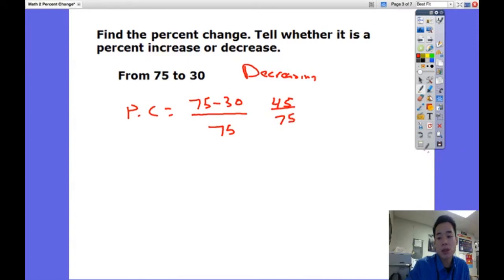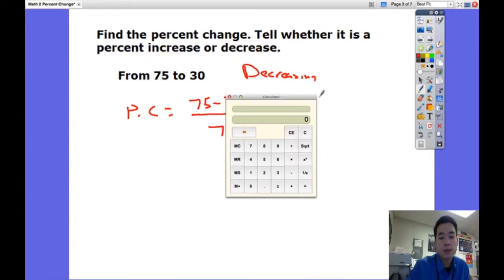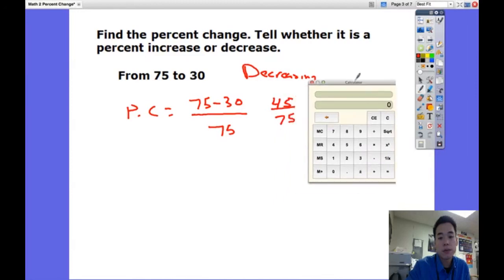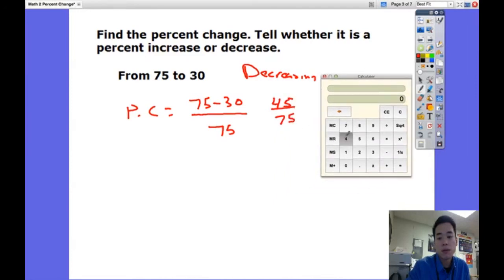And then you guys can just use a calculator. 45 divided by 75 is equal to 0.6. So then what I'm going to do now is 0.6 times 100%, which is equal to 60%.